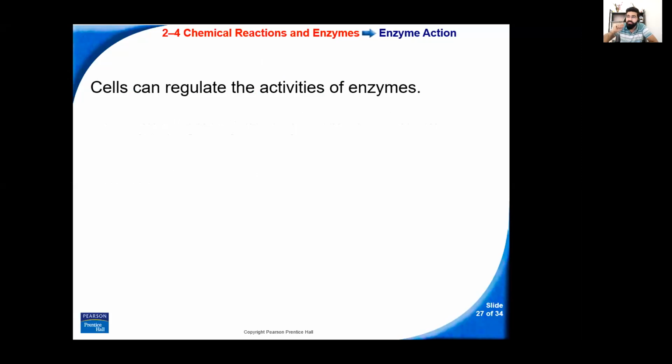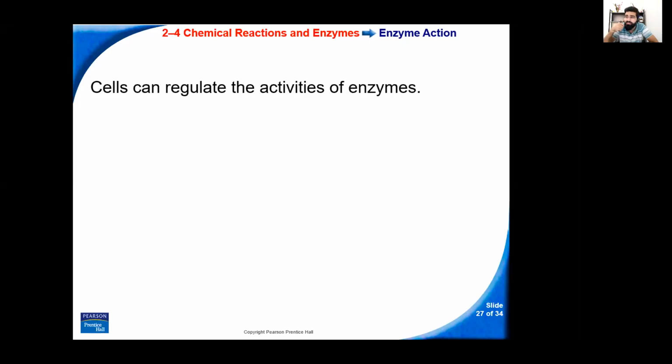So if the cell wants this chemical reaction to be switched on and going, it switches on the enzyme or gives the enzyme optimum pH and optimum temperature. Got it? What if the cell does not want this chemical reaction to be on?